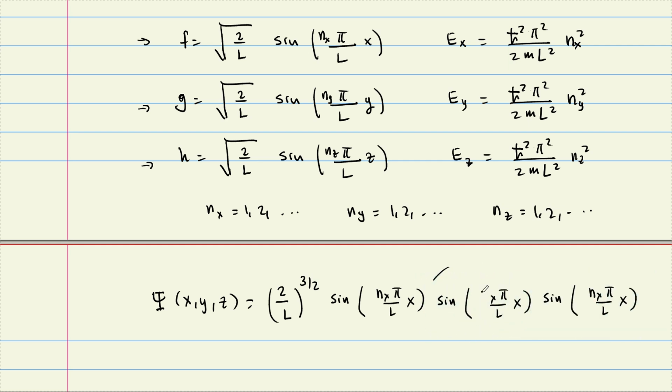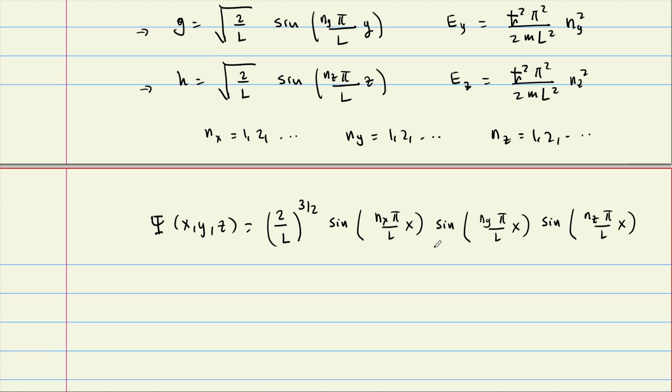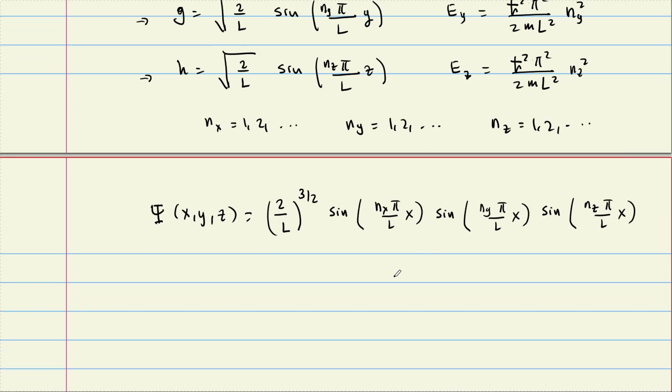So this is nx, this is ny, and this is nz. And so this is the eigenfunction, and the Schrodinger equation, as we talked, is an eigenvalue equation. We need eigenfunctions and eigenvalues, and the eigenvalues are going to be E of nx, ny, nz, equal to h bar squared over 2m L squared. Let me also put pi squared here, times nx squared plus ny squared plus nz squared. And problem solved.